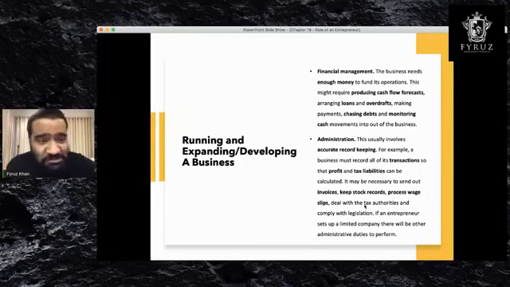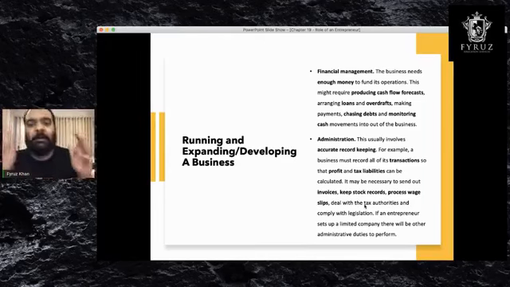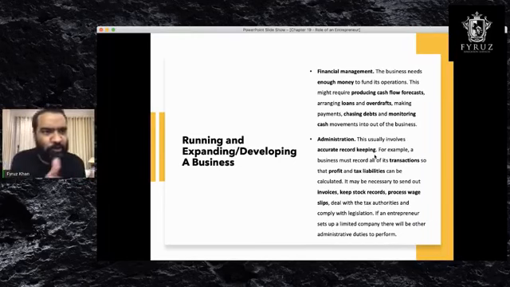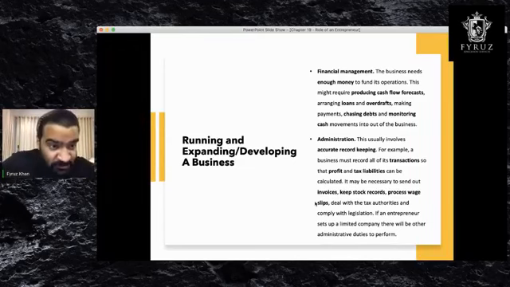Now, administration will also differ, and it's not about just being different. You need to have accurate record keeping, record of stocks, record of finance, tax liabilities, profit. You have different invoices from your suppliers, from your clients or customers.